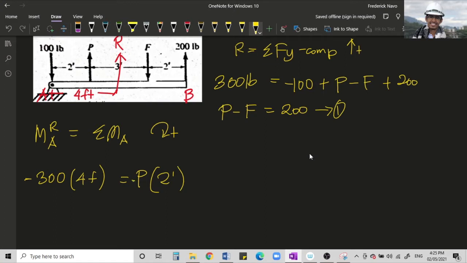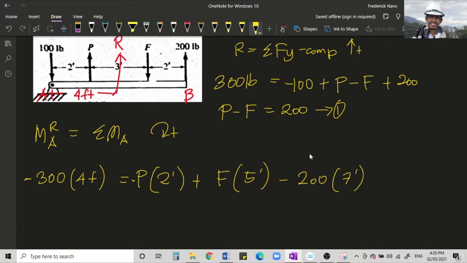Okay, and force F, so that will be clockwise, so plus F times 3 feet plus 2 feet, that will be 5 feet, and minus, so counterclockwise yung ating 200 pounds, so that will be 200 times, so this is 3 feet, 5 feet, so 7 feet.